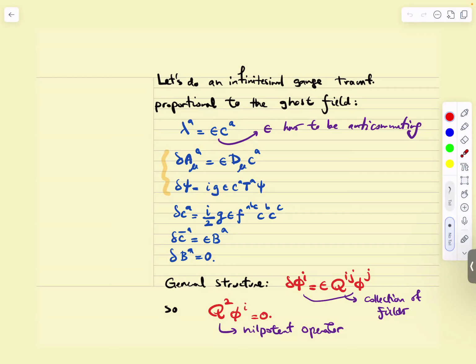Because c^a is fermionic, anti-commuting, this ε better be anti-commuting as well. Why? Because λ^a is what you're shifting the gauge field with, and gauge fields are definitely commuting. So you need two anti-commuting things next to each other to get the right statistics.